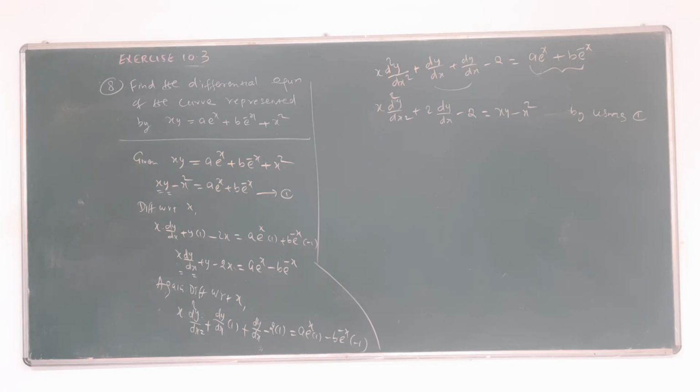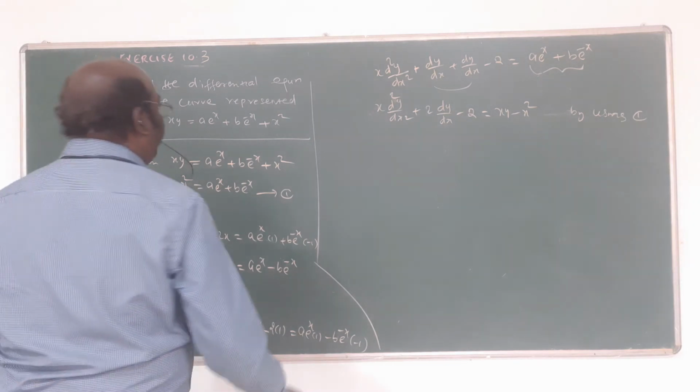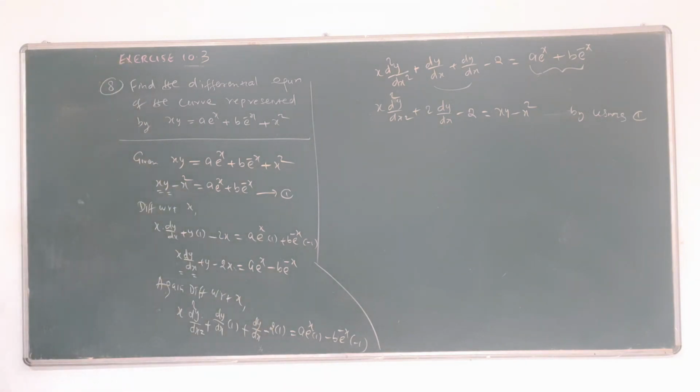Arranging, we take everything to the left-hand side, equal to 0.